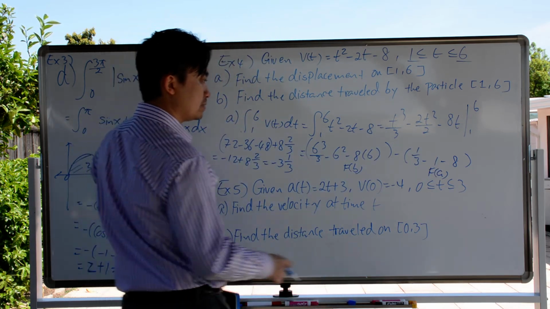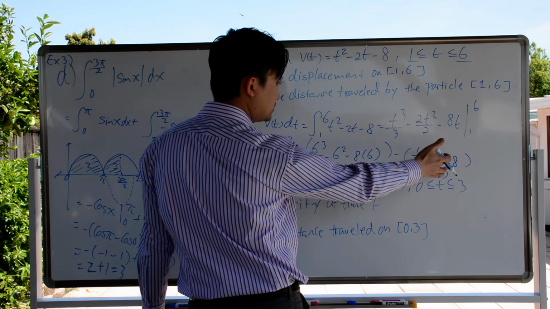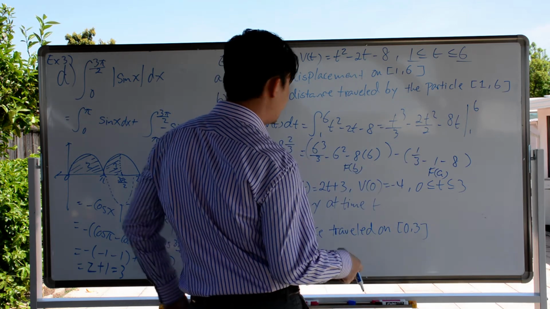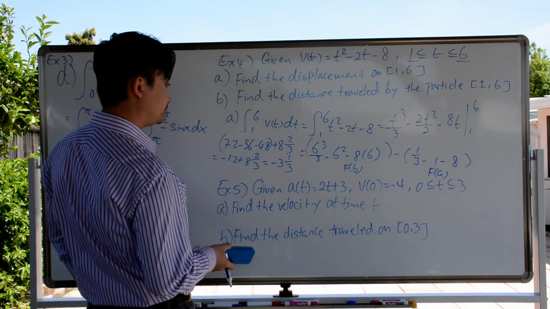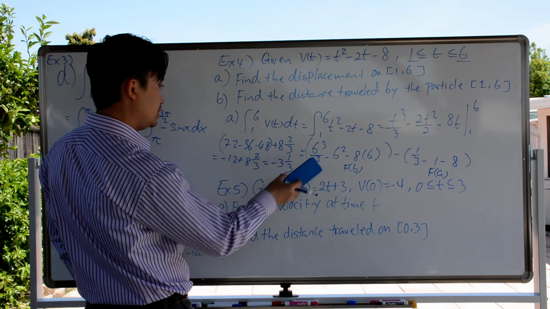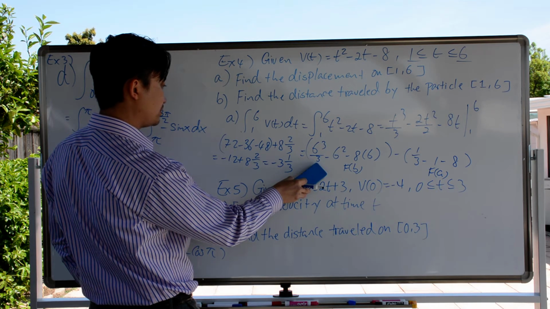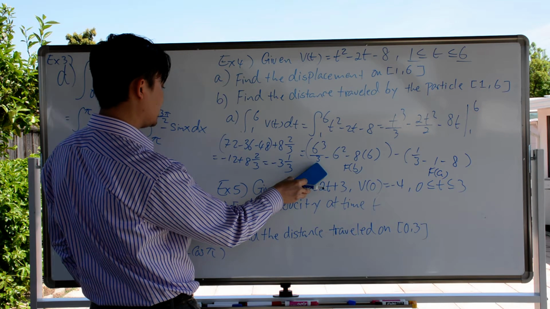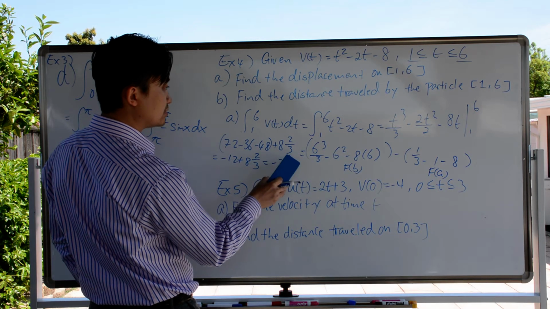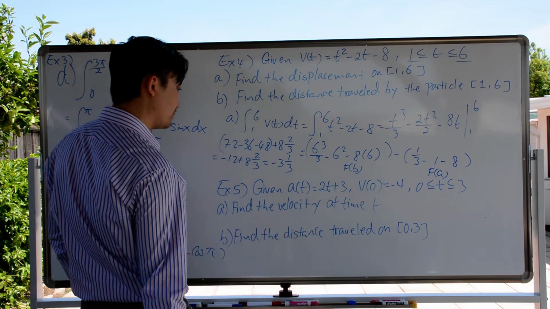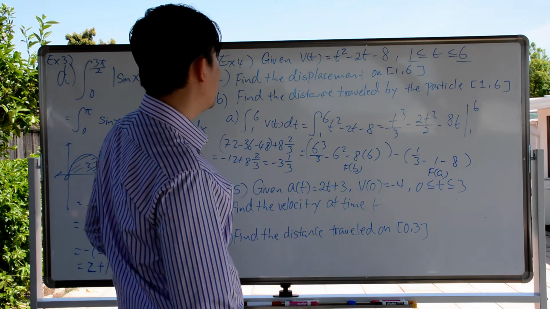So that turns out to be positive 72 minus 36, 36 again, but minus 48. Yeah, so negative.